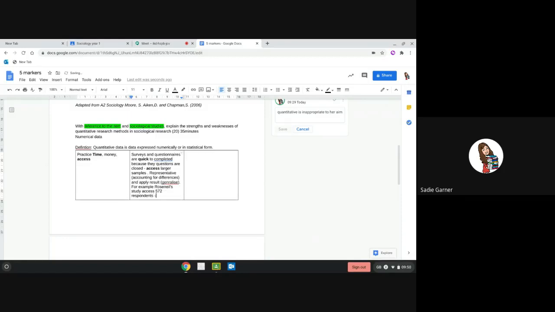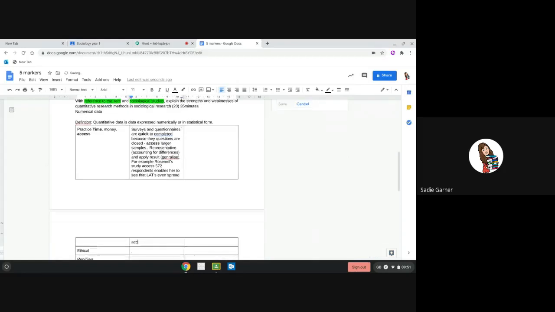And it enables her to see that LATs, or couples who live apart but are together, are evenly spread across the population. So actually, Rosenil conducts a survey of 572, and it enables her to see that LATs are evenly spread across the population.